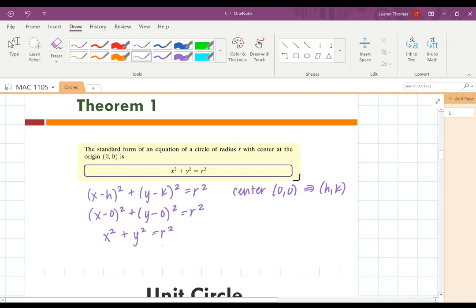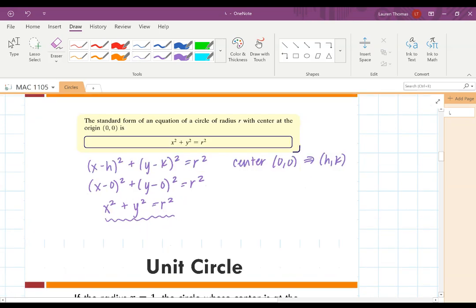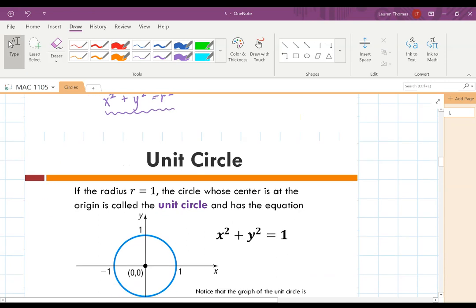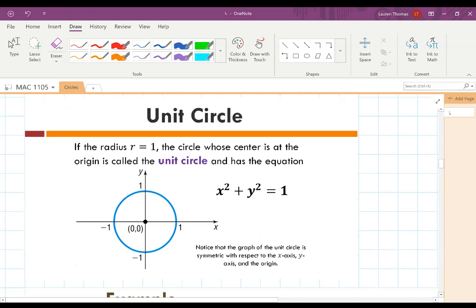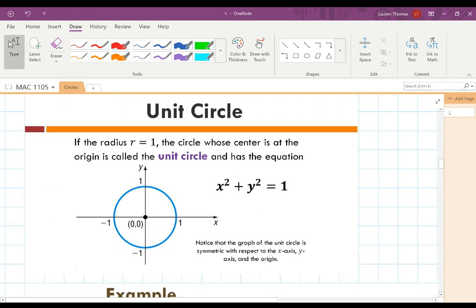So anytime you are given an equation of a circle that looks similar to this, where you don't see an h and a k, you can make the assumption that the center is in fact at the origin, which is (0, 0). Now, some of you guys are going to be lucky to go to one of my favorite classes, which is trigonometry. Our trig functions are based off this special circle, which we call the unit circle.